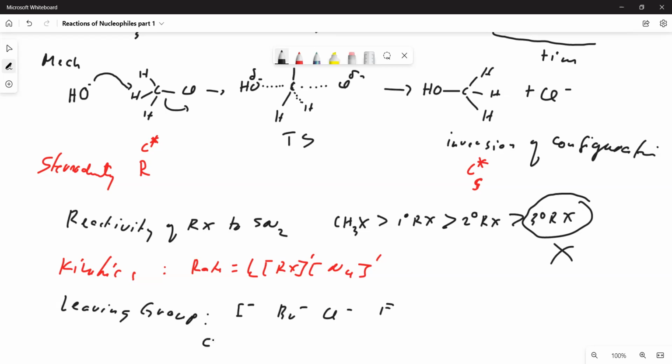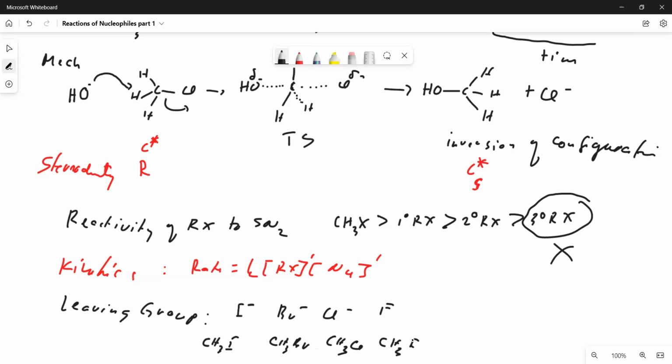Like if you have methyl iodide, methyl bromide, methyl chloride, and methyl fluoride, if all of these will be attacked by the same nucleophile, which one is the most reactive? The methyl iodide, the methyl bromide, the methyl chloride, or the methyl fluoride?